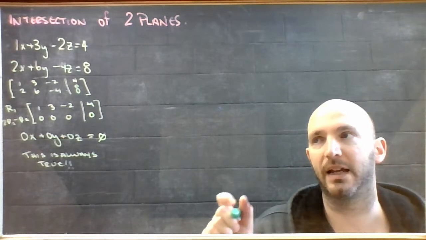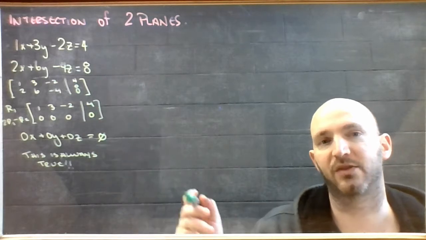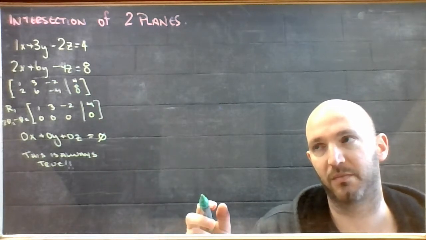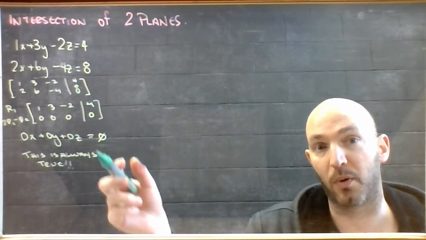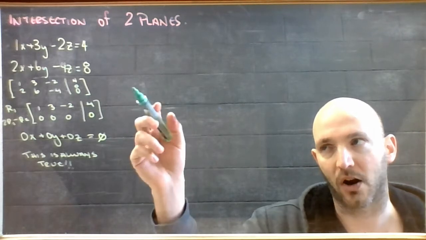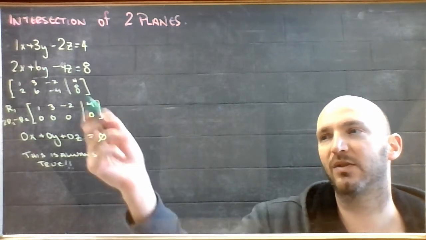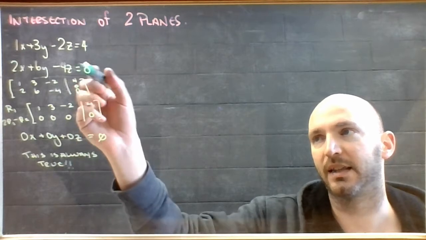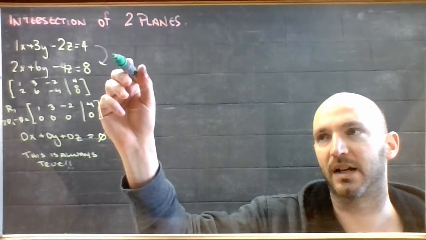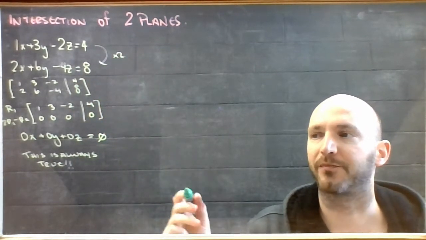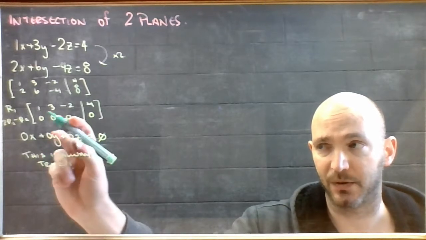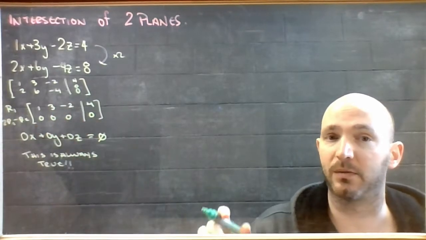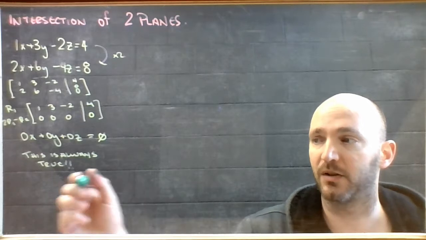The only way for the point of intersection between these two planes to be all points is if these are actually the same plane. And so you sort of saw that here, that this equation is just this one times 2. So if this happens to you, you eliminate an entire row, 0, 0, 0, 0, all the way across.